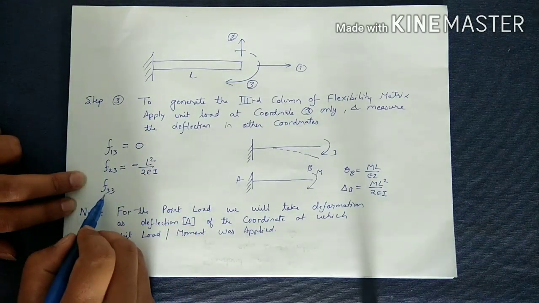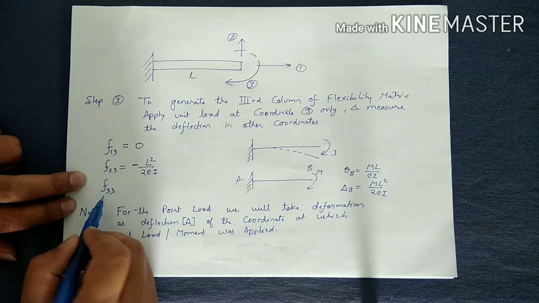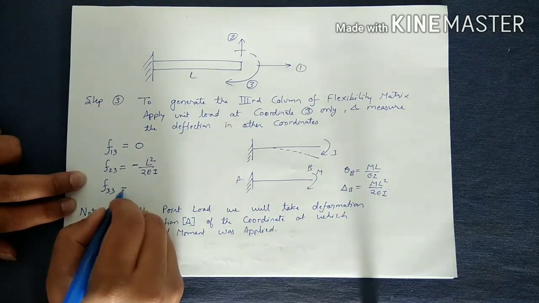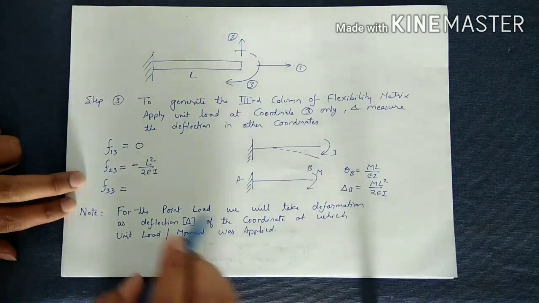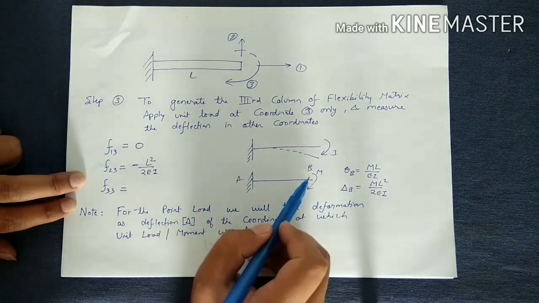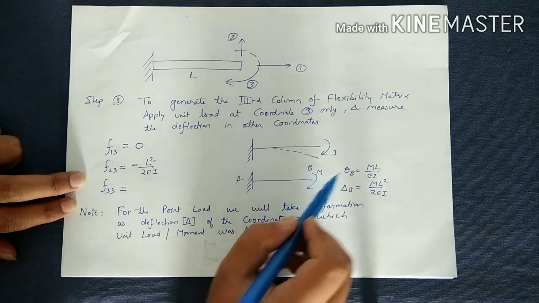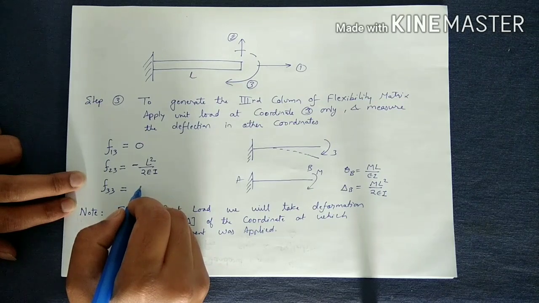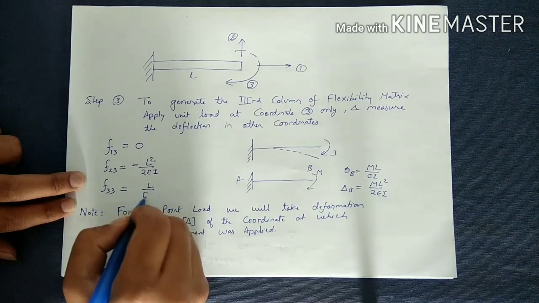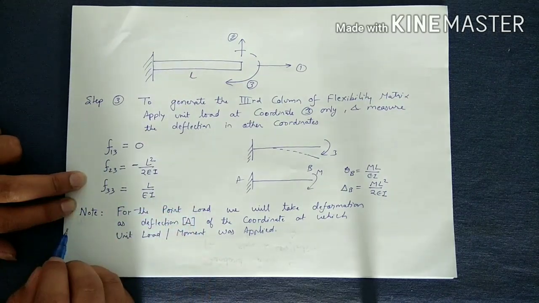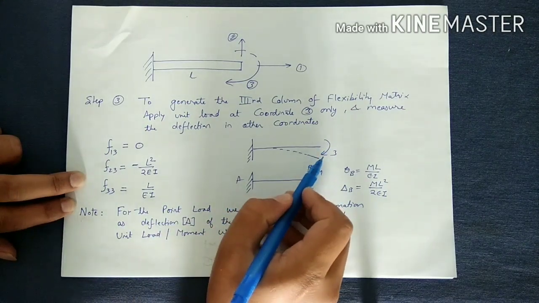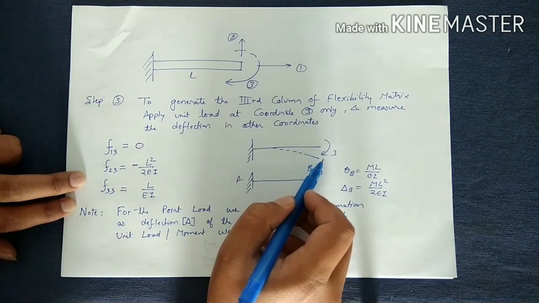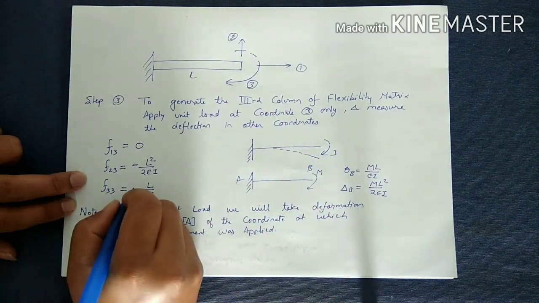Now, flexibility at 3 when unit moment is applied at 3. For this case, since a couple is applied, we will take slope, which will be equal to L upon EI. Now, since this moment is downward, it will deflect the beam in the downward direction. That's why it will be positive.